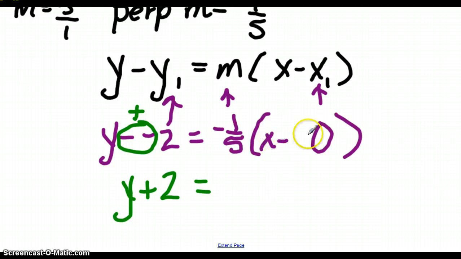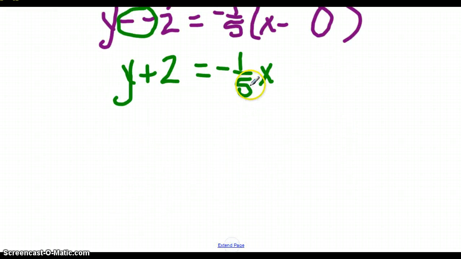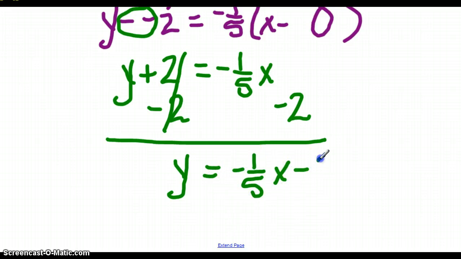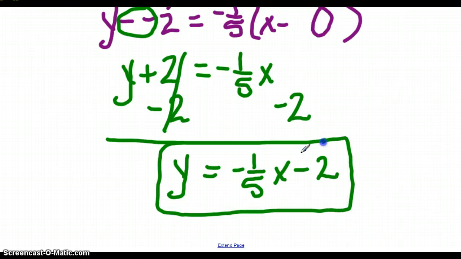I can also tell in this one that if I have x minus 0, that's just going to be x. So really this side is just going to be negative 1/5 x. If I want this to be in y= form, I'm going to subtract 2 and have y = -1/5 x - 2. And this is our final answer.